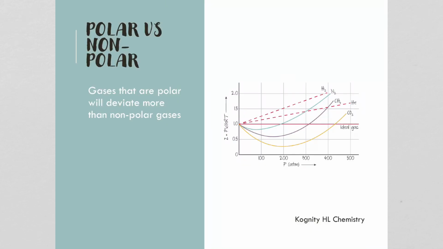Also, different gases will be different, and they'll deviate more from the ideal gas law. So gases that are polar will deviate more than gases that are nonpolar because of those intermolecular forces. So you just have to understand that in certain conditions they are not ideal.